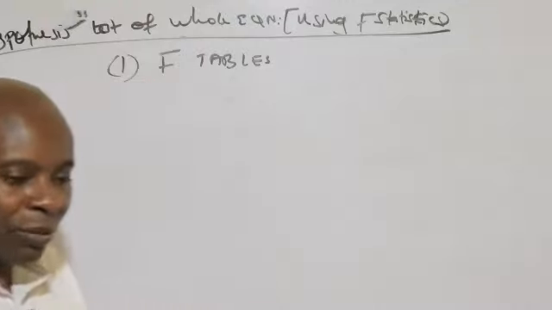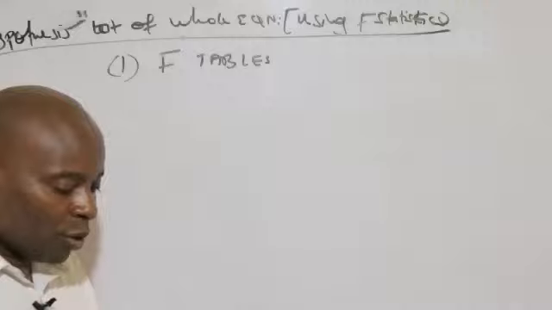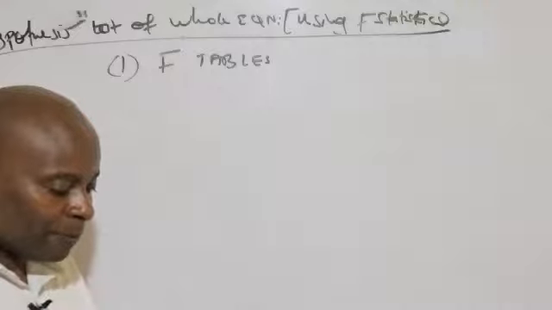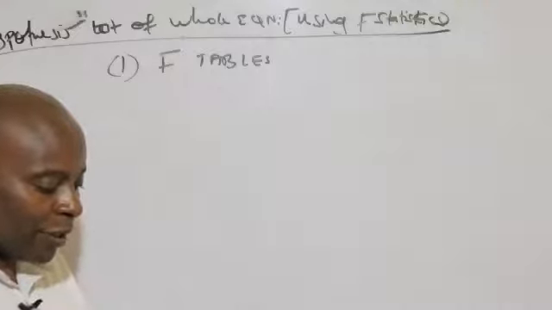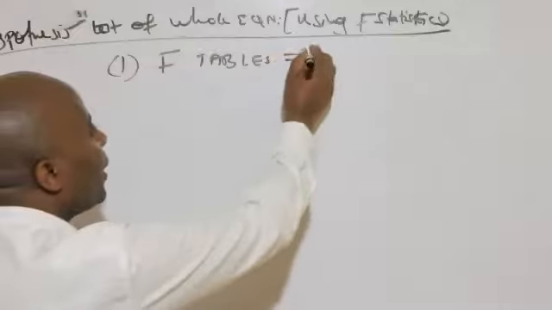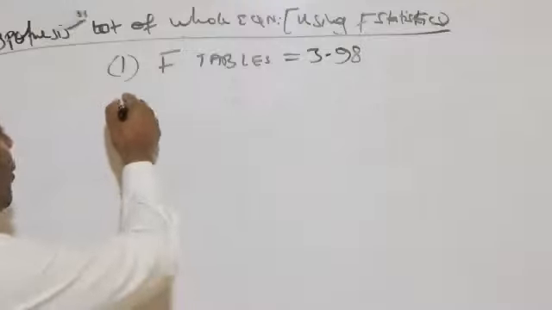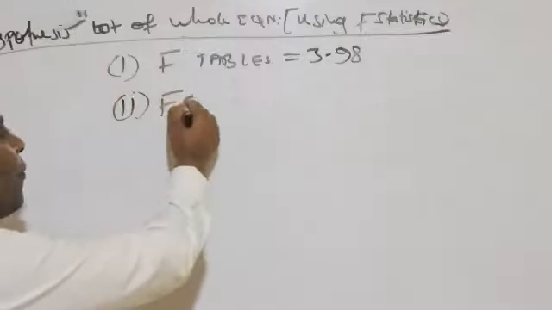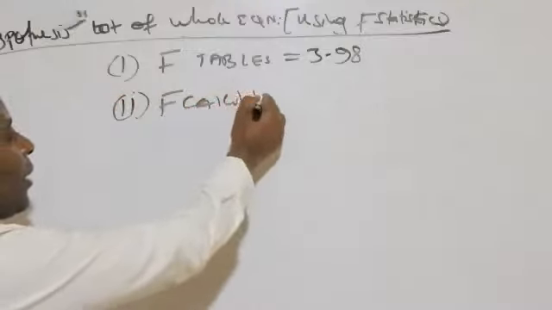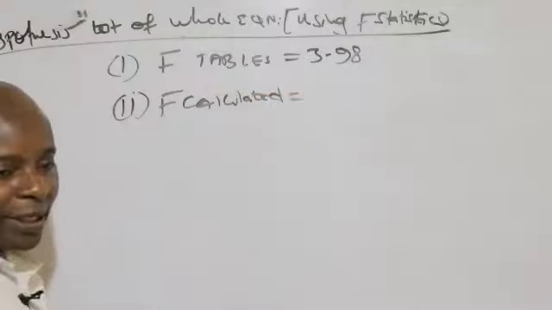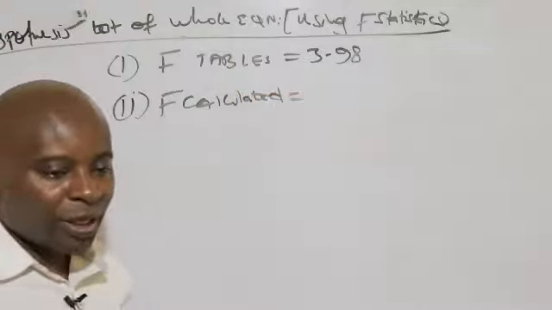So the F table's figure, what do we have here? They have told us the F table's figure is 3.98. And then number 2, we have the F calculated, or the F ratio.